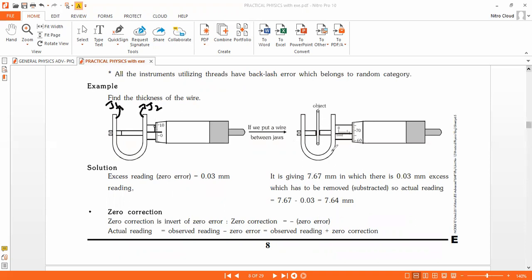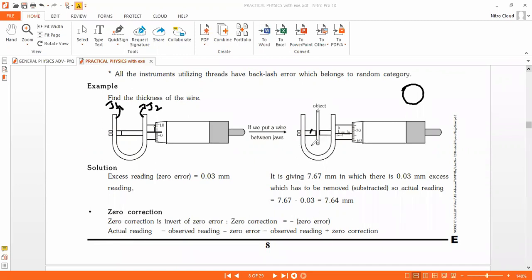If I want to find the diameter of a circular object, then I keep it horizontally between the jaws. I kept the object.